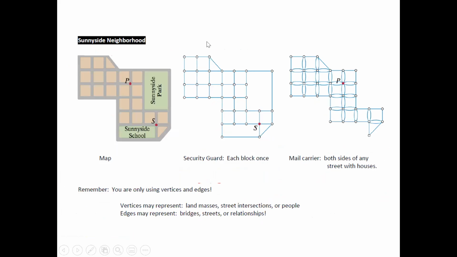All right, so I'm going to have you guys take a look at this part here. This is the Sunnyside neighborhood that we talked about with the Postal Service and also the security guard. Remember, you're only using vertices and edges. So the first part here is you have your map. Then the security guard is going to be going through each block only once, so 1 pass per street.